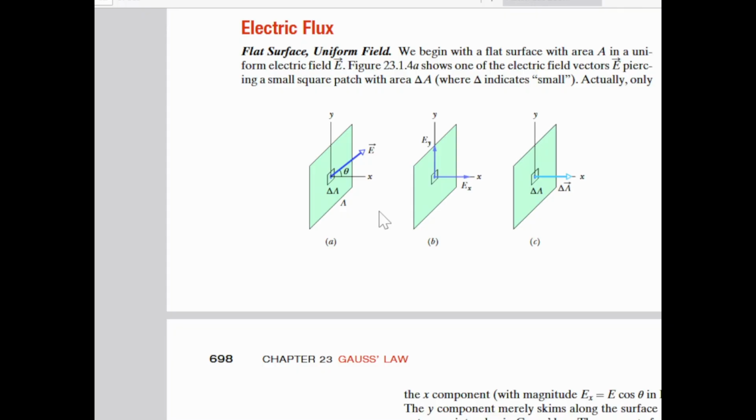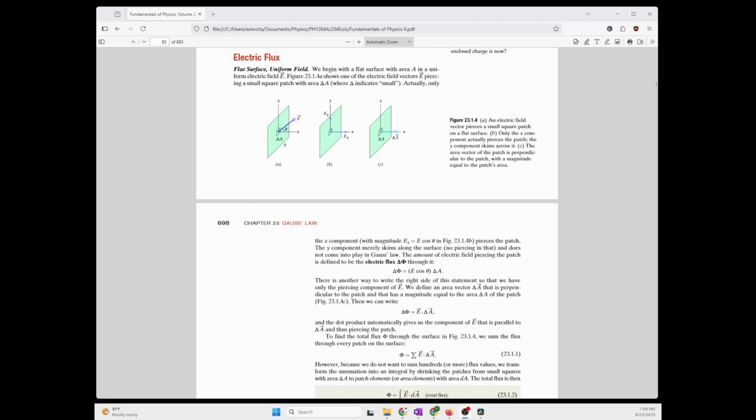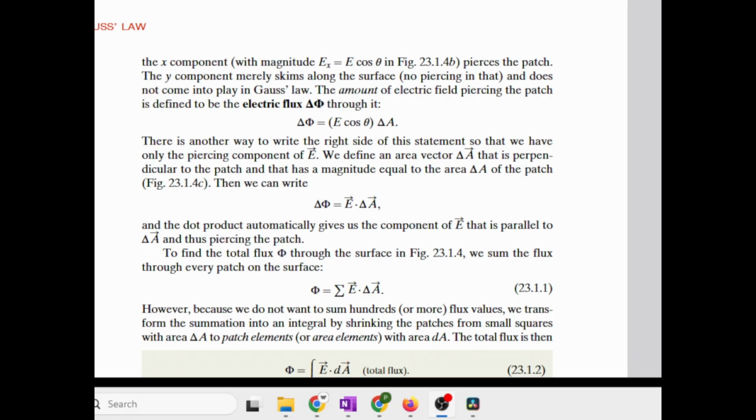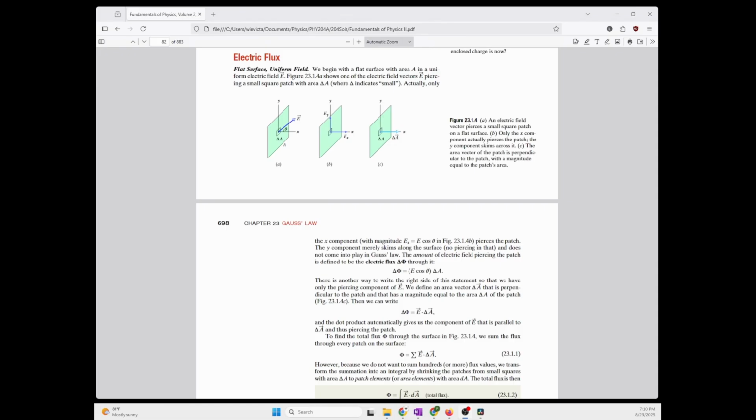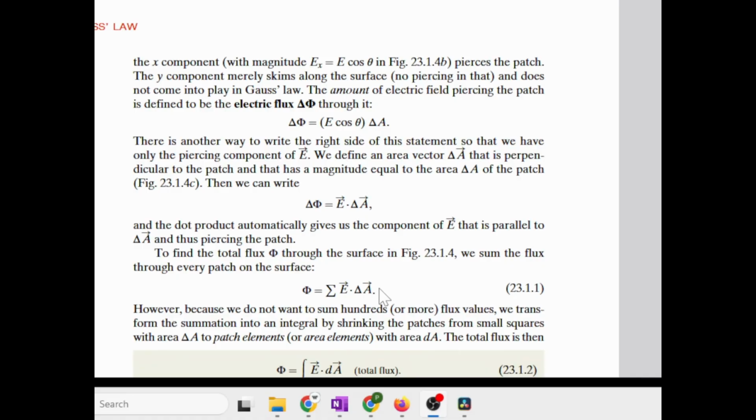So, if we scroll down, then we can see that the electric flux is given in terms of the scalar product between the two vectors, E and delta A. Now, what we have just looked at is a small piece of the whole thing, and therefore, in order to get the complete flux, we have to do a summation over the complete surface area, as shown in equation 23.1.1.